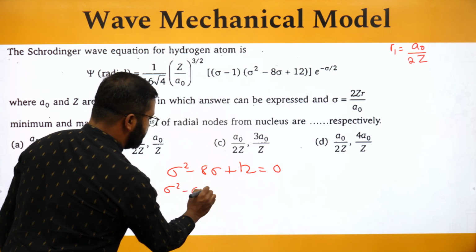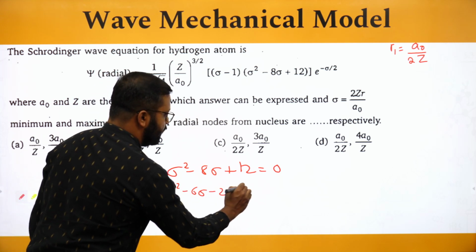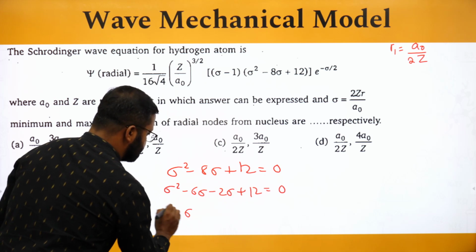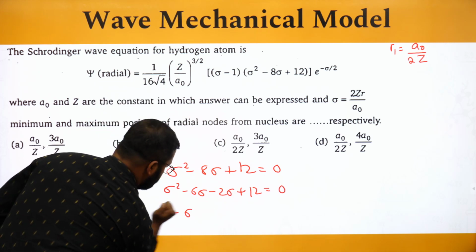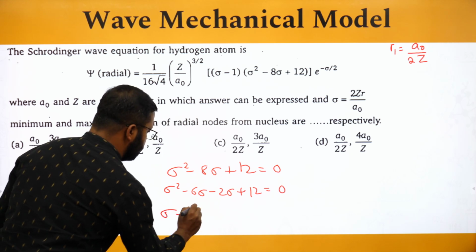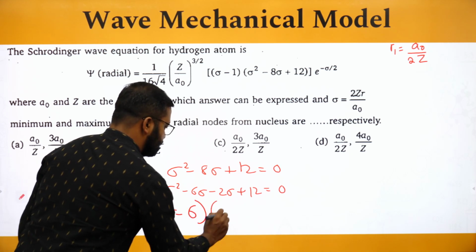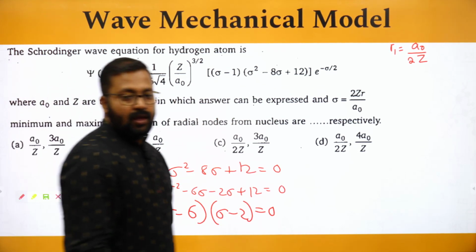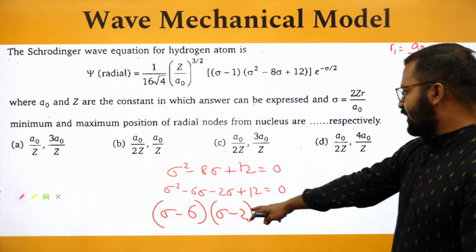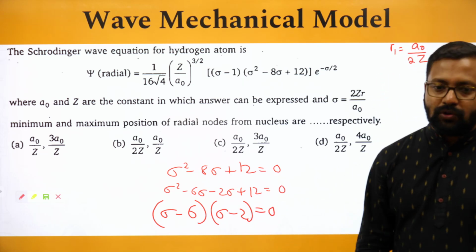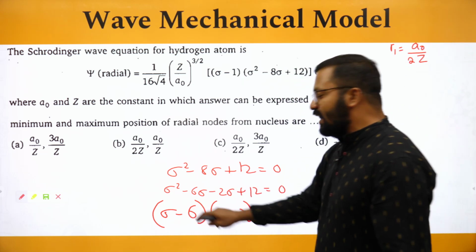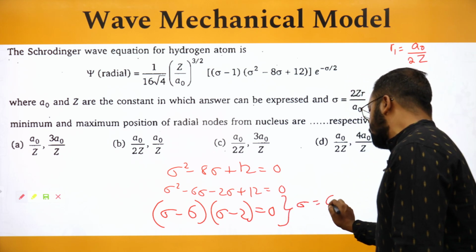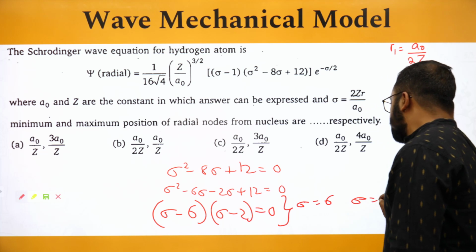Sigma square minus 6 sigma minus 2 sigma plus 12 is equal to 0, so sigma minus 6 and sigma minus 2 will be equal to 0. Now I will get two results: sigma is equal to 6, and sigma is equal to 2.